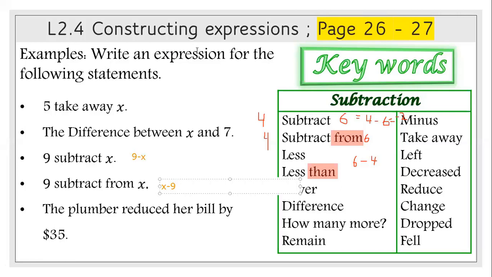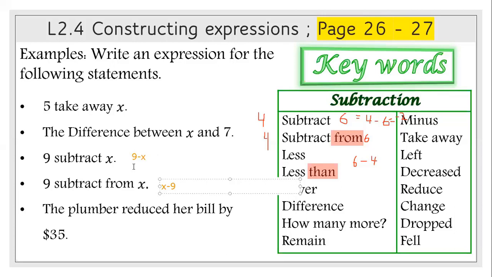Raise your hand if you have a question. Yes, Amir, what's your question? Teacher, I don't understand the difference between subtract and subtract from. In the word subtract, you use the numbers the way they're written. I wrote 9 subtract x, so you translate in the same order: 9 subtract means minus, and x you write x.